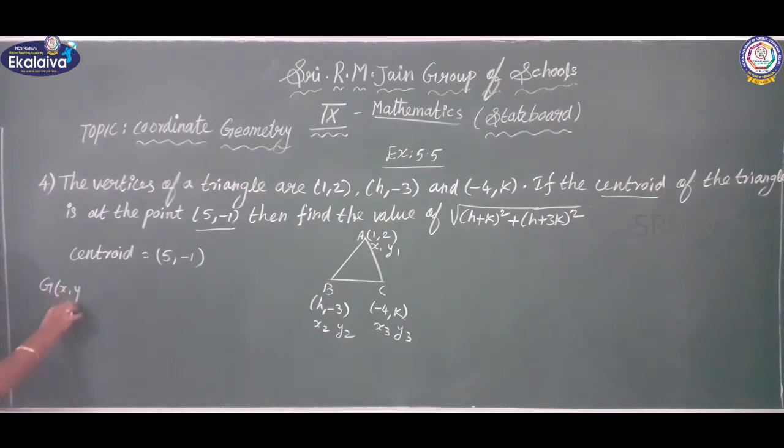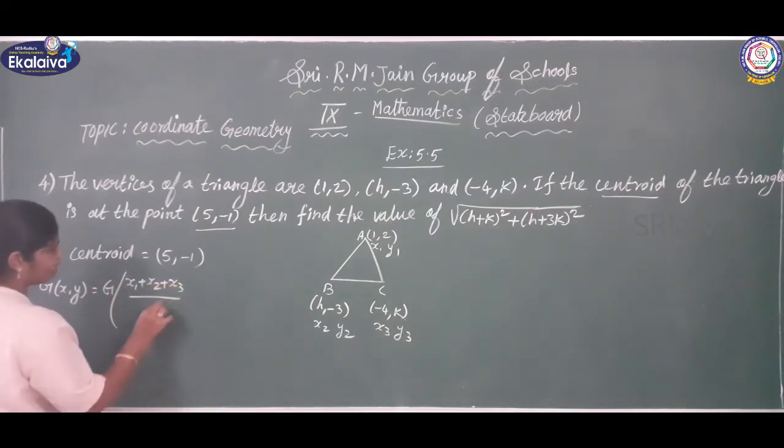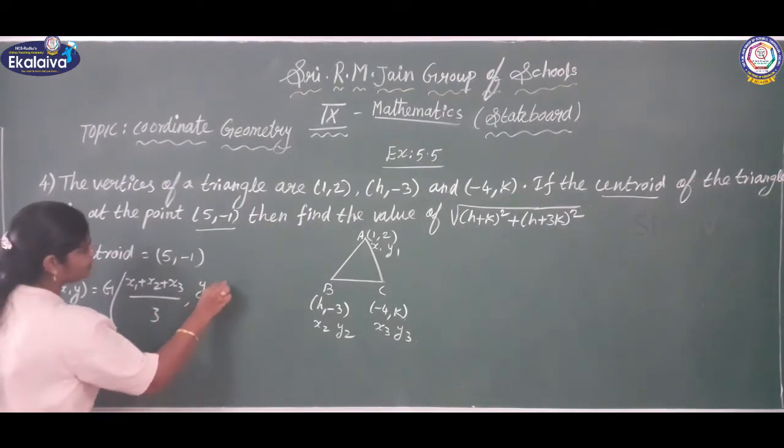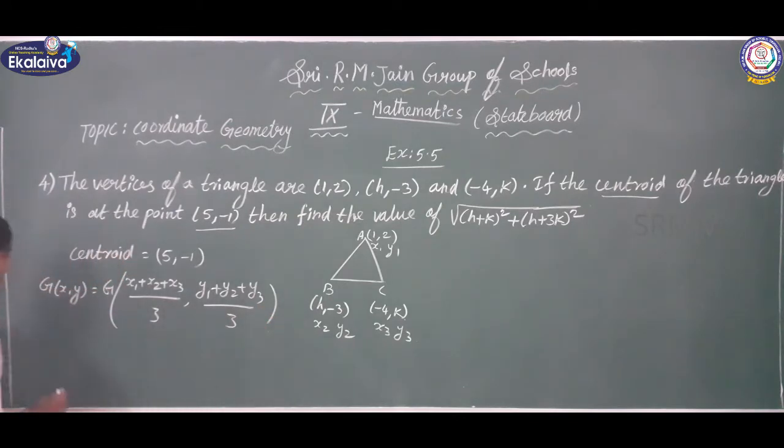G of x, y equal to (x1 plus x2 plus x3) by 3, (y1 plus y2 plus y3) by 3. Here you substitute the value.